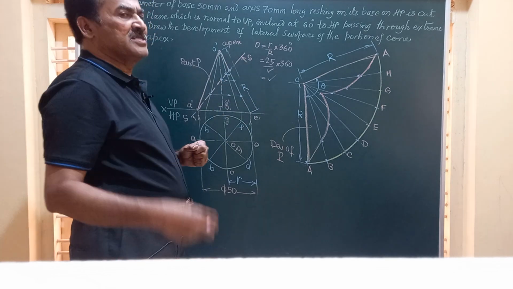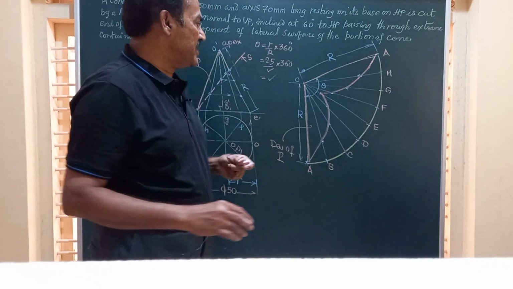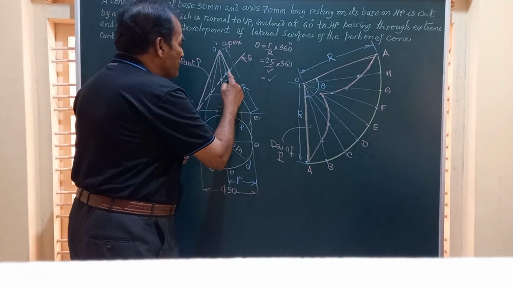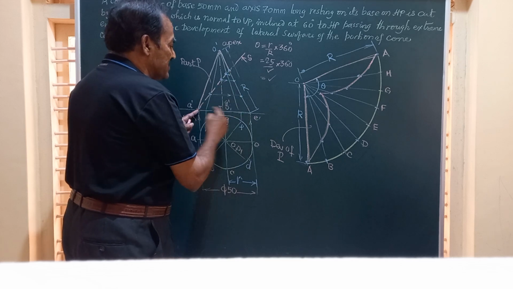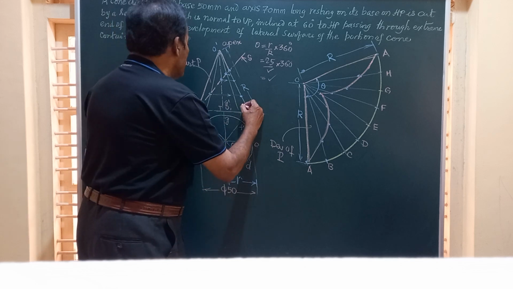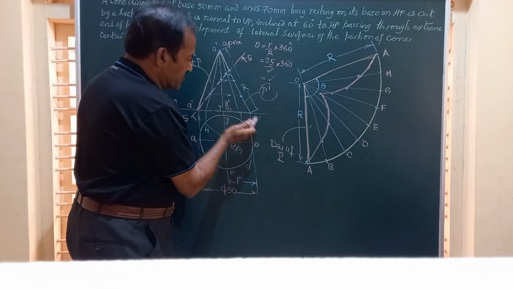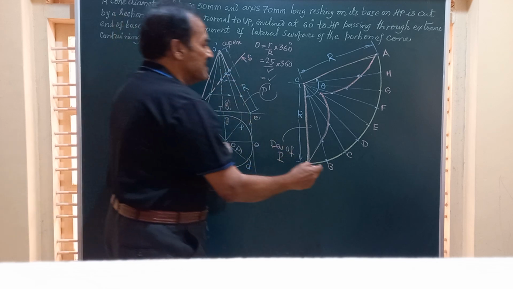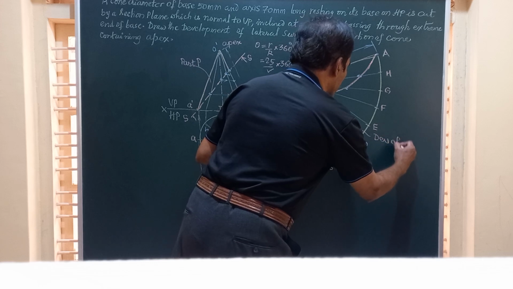Friends, in the same question, if you are asked to draw the development of the lower part of this, that is to say from A dash to this section, then very obviously if you call this part P dash, the lower portion, this will be the development of P dash.